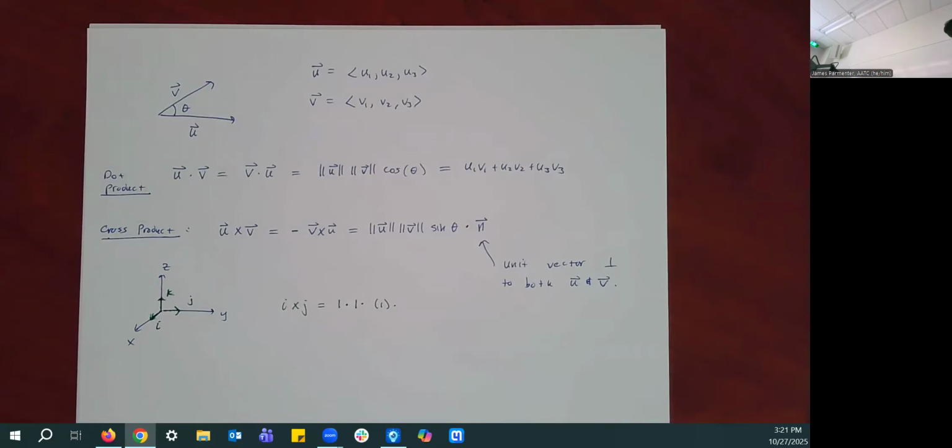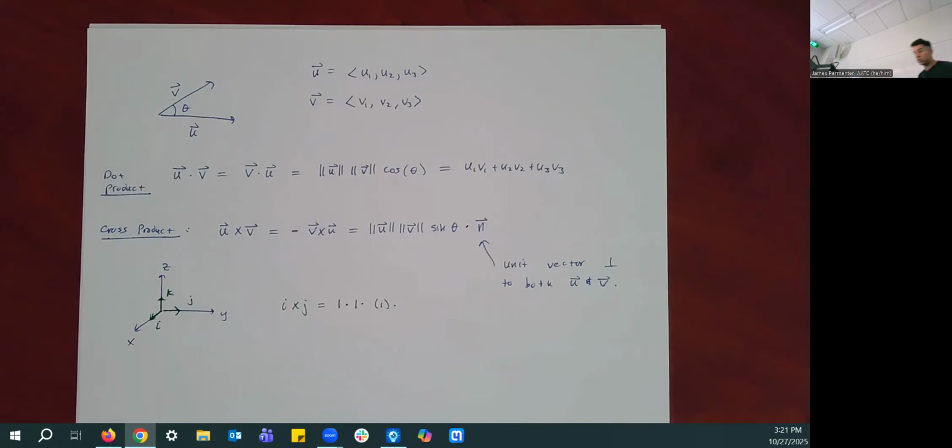So the way we answer that question is via the right-hand rule. If you use your right hand, that's why it's called the right hand rule, don't use your left hand, put your fingers along the direction of the first vector, in this case I, and curl them towards J. Your thumb points in the direction that your perpendicular vector has to point.